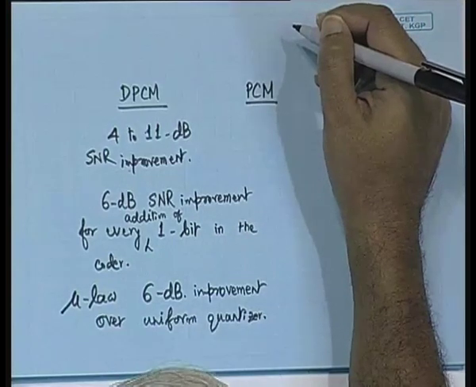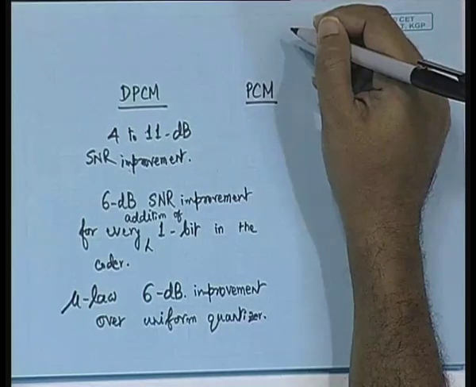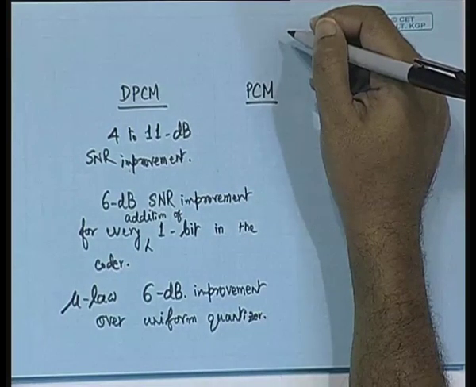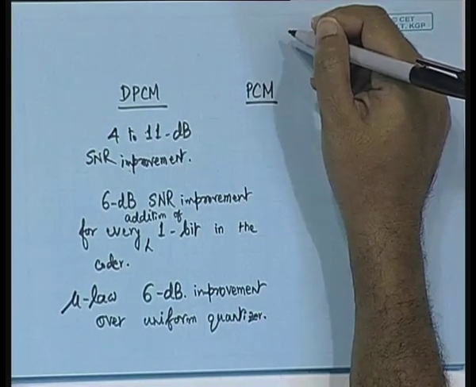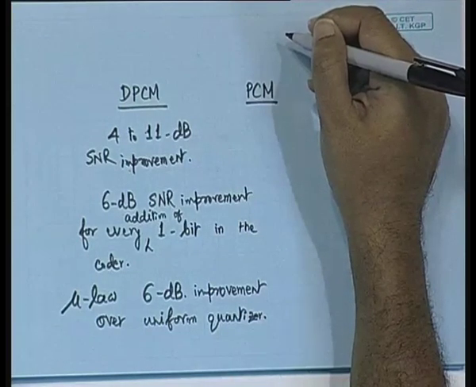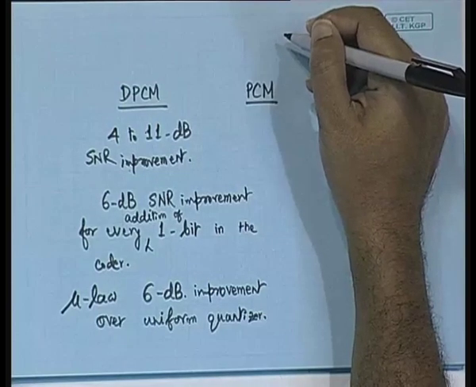So definitely DPCM will result in a better performance. If you compare the differential pulse code modulator system against any standard PCM system, you can obtain some remarkable improvement in the performance at the identical bit rate.